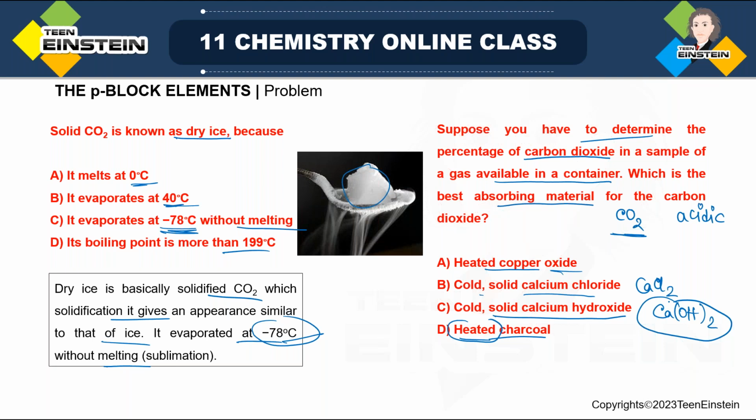Obviously there will be a reaction and a new compound, but from the balanced equation between these two compounds and the mole ratio, we will be able to determine the percentage of CO2. So the correct option is cold solid calcium hydroxide.